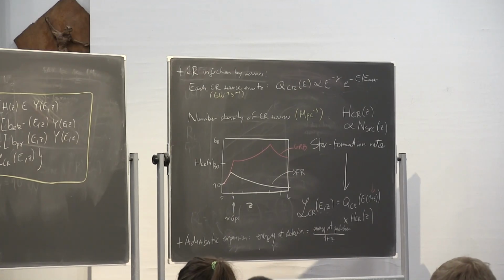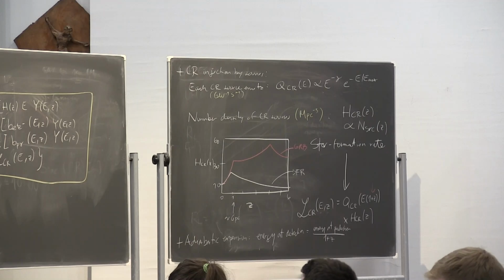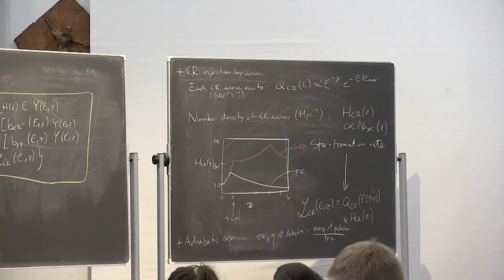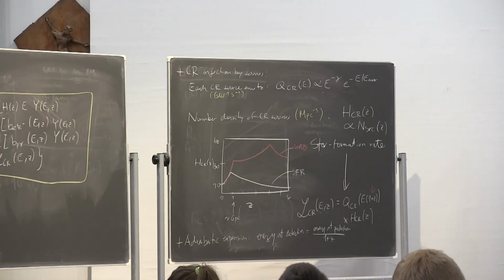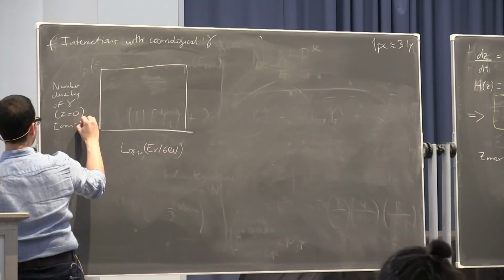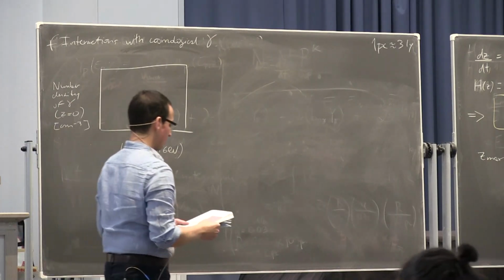Okay, so for this, there's two important cosmological photon backgrounds. They're isotropic and diffuse. The first one is the one I've been mentioning, and that is the CMB. So let me write this in log scale, log 10 of the energy in GeV. And this is number density of photons at redshift of 0, so the local universe, and this will be in inverse cubic centimeters.